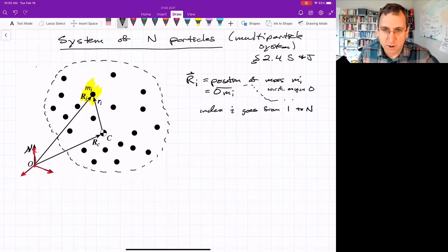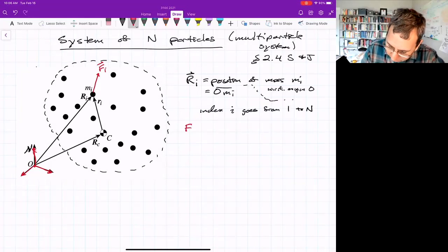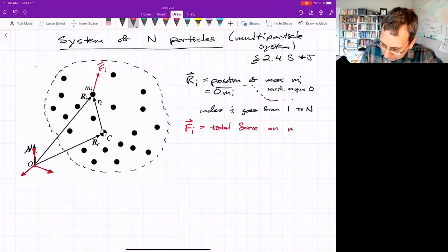On each particle, there is a force. So on this particle mi, there is a total force. Maybe I'll write that in red. So Fi is the total force on particle i, or mass m sub i.